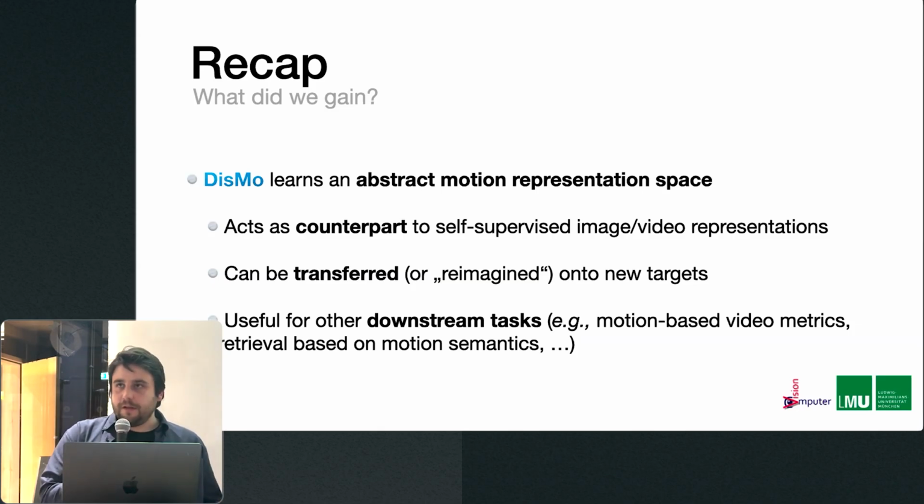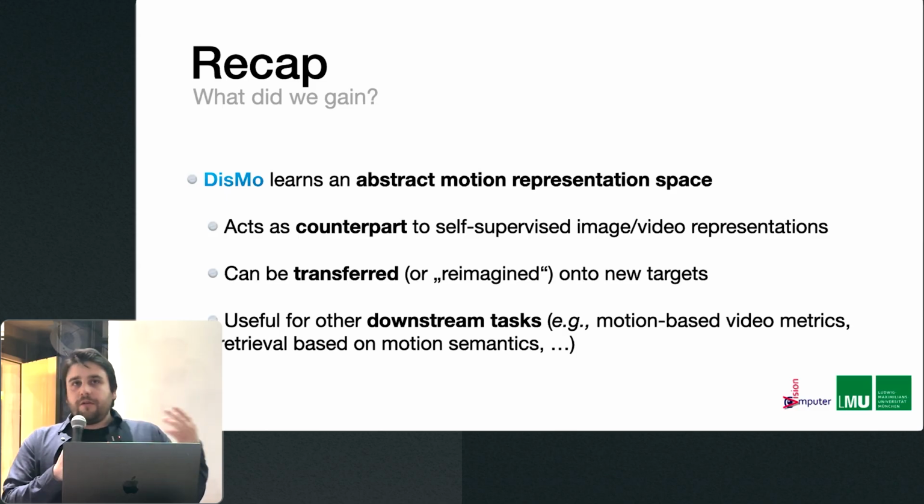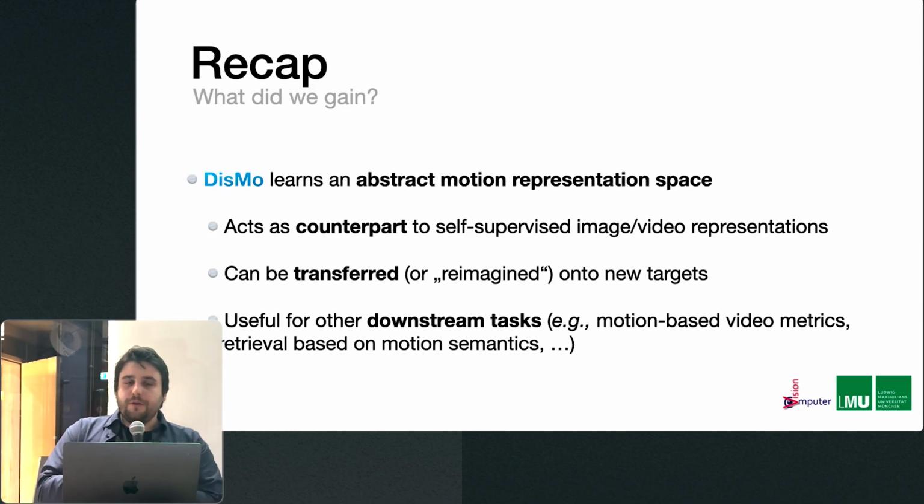So basically, this allows us to reimagine the motion from one source video or one source object on new target objects, or how they would move if they were moving their arm, which, of course, you could think of how it could be useful in, for example, CGI Hollywood movies, where currently the animators still have to manually animate frame by frame.